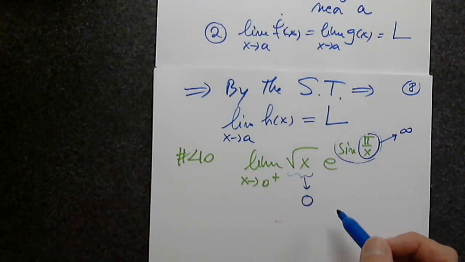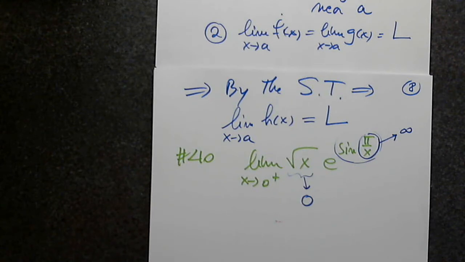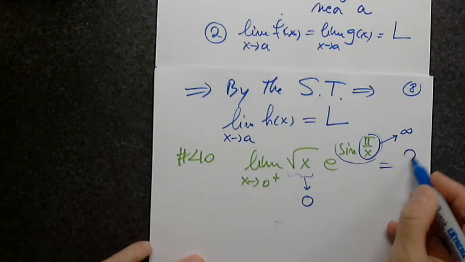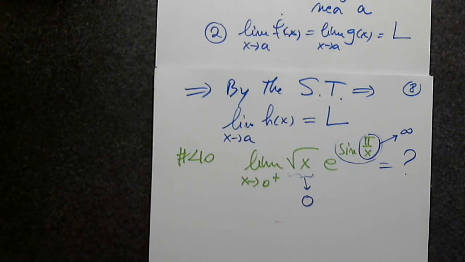How much is sine of infinity? It's oscillating, between -1 and 1 all the time. I have no idea. So I have no technique. I have absolutely no technique in determining this other than the Squeeze theorem.